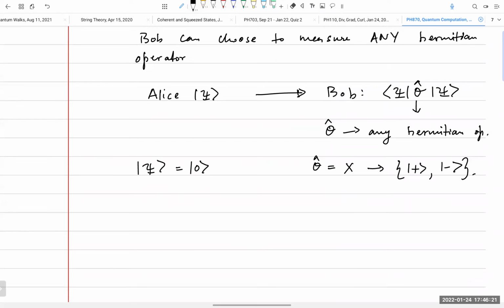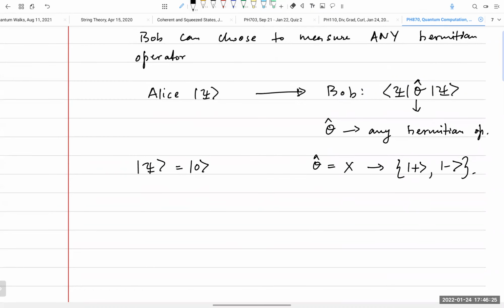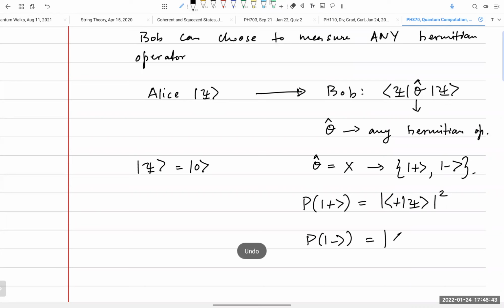There will be two possibilities. Bob will get either the plus state, and what will be the probability of this? It will be the projection of the state Bob has received onto the plus eigenstate, and likewise for the minus one.